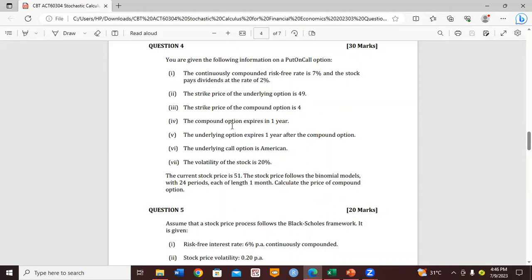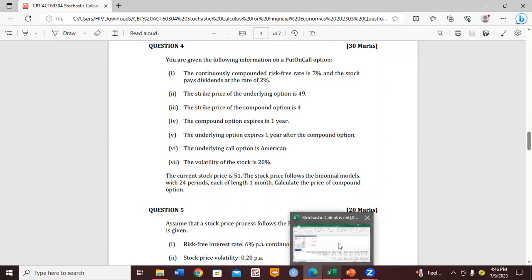The compound option expires in 1 year, and the underlying option expires 1 year after the compound. The underlying call option is American. The volatility is 20%. The current stock price is 51. The stock price follows a binomial model with 24 periods, each of a length of 1 month. The question asks us to calculate the price of the compound option.